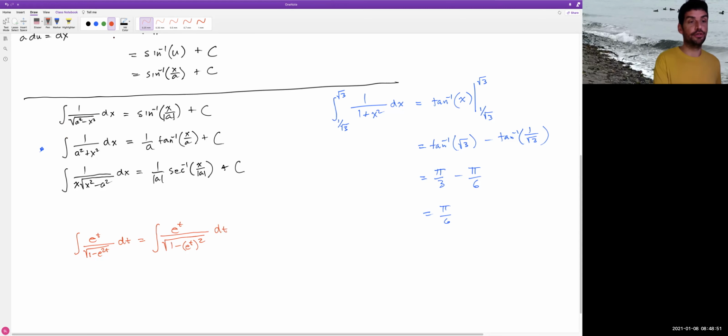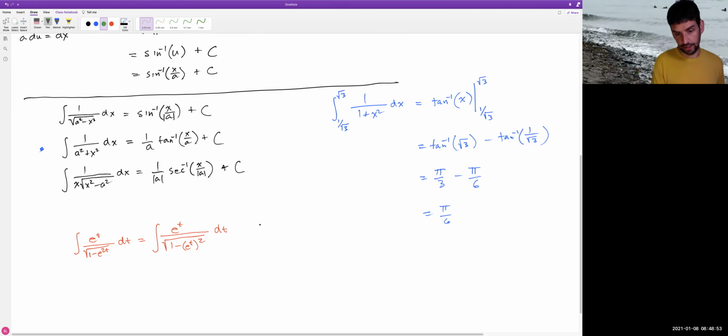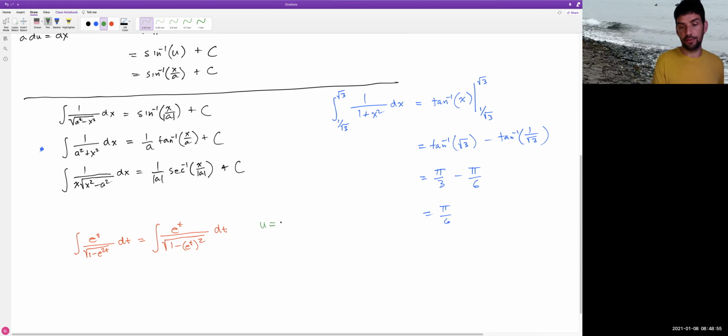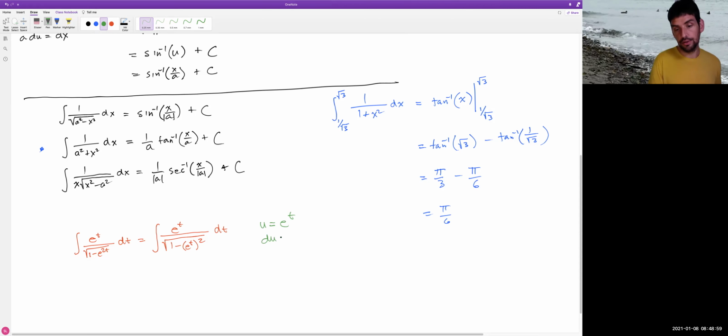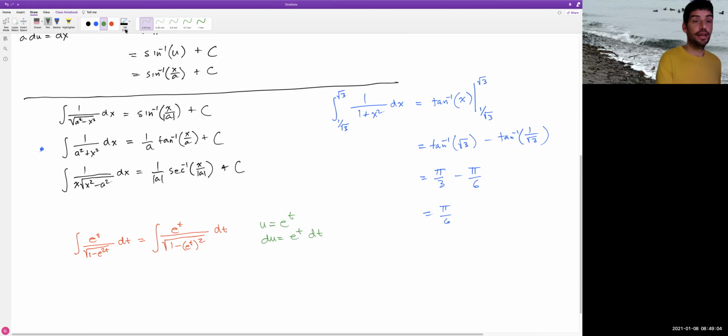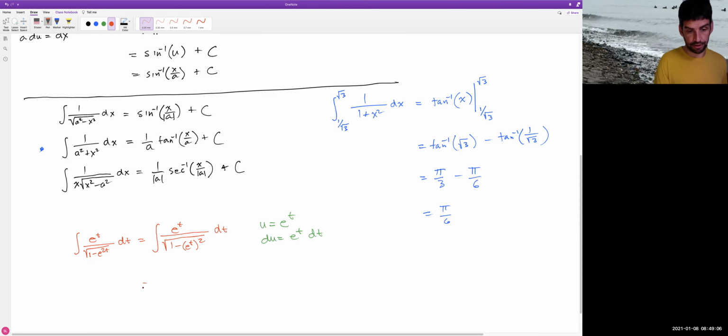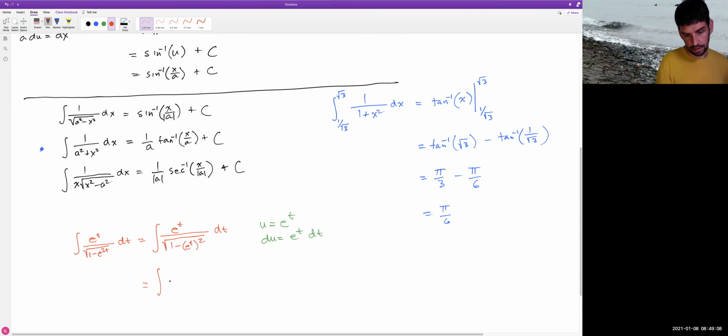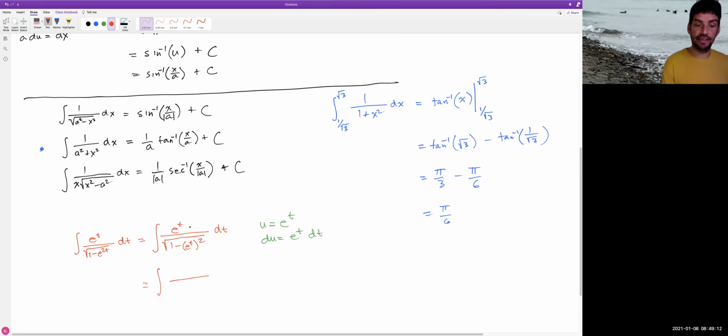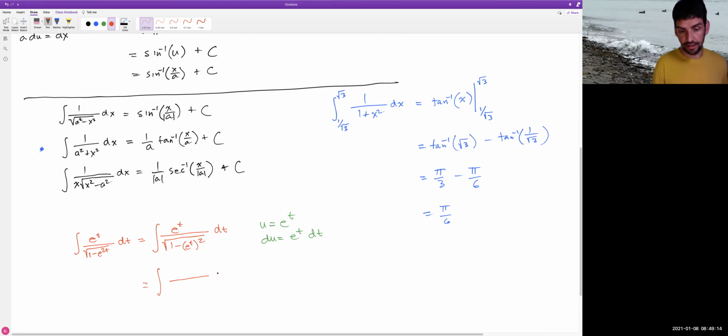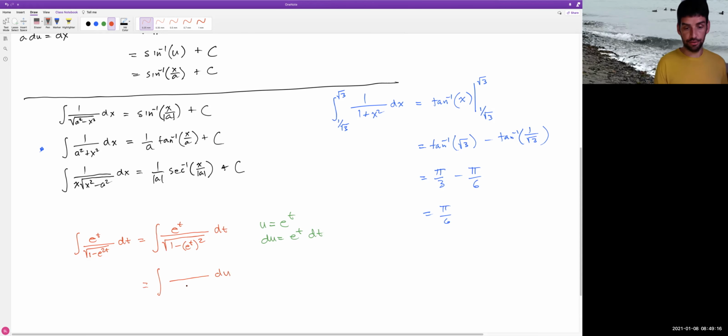I can substitute, let's take u is equal to e to the t. du will be e to the t dt. And so putting these substitutions in, the e to the t in the numerator with dt gives us du.